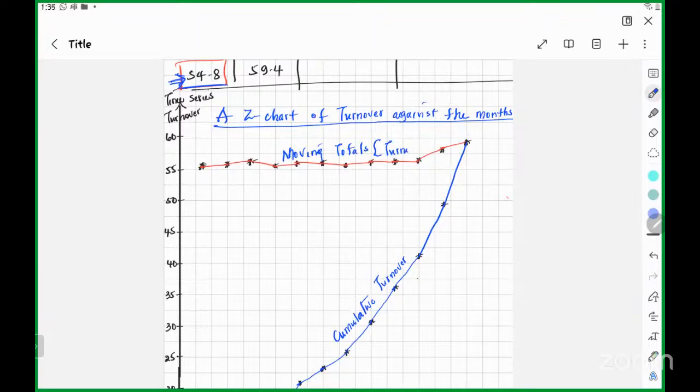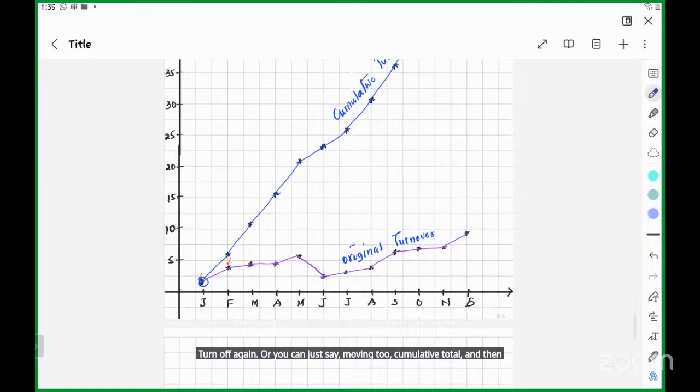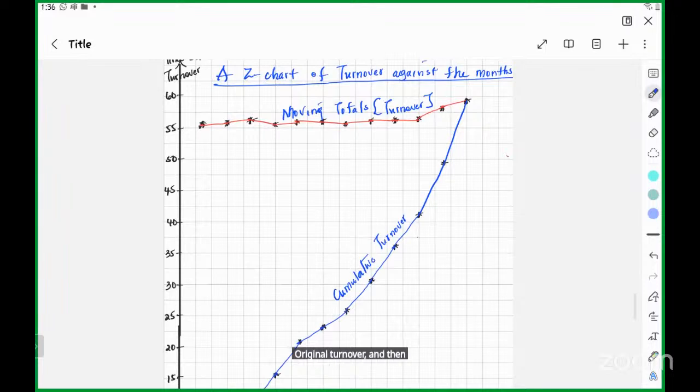Turnover again. Or you can just say moving total, cumulative total, and then original turnover. A cumulative turnover, original turnover, and then moving turnover. Yeah, that's okay, because it's all turnover.